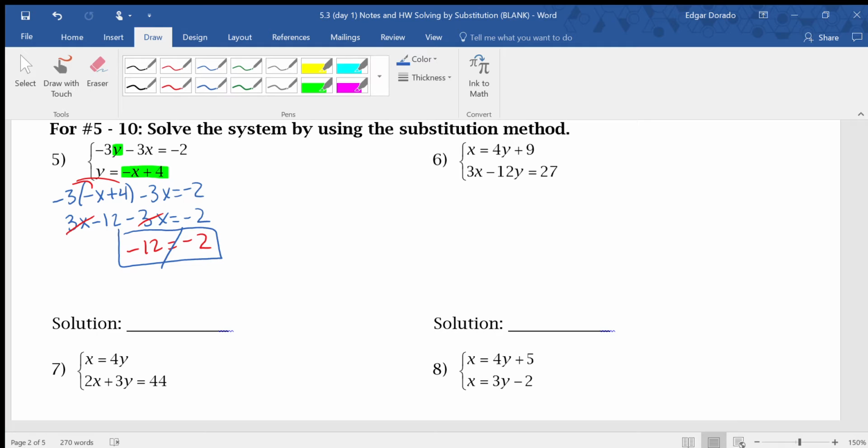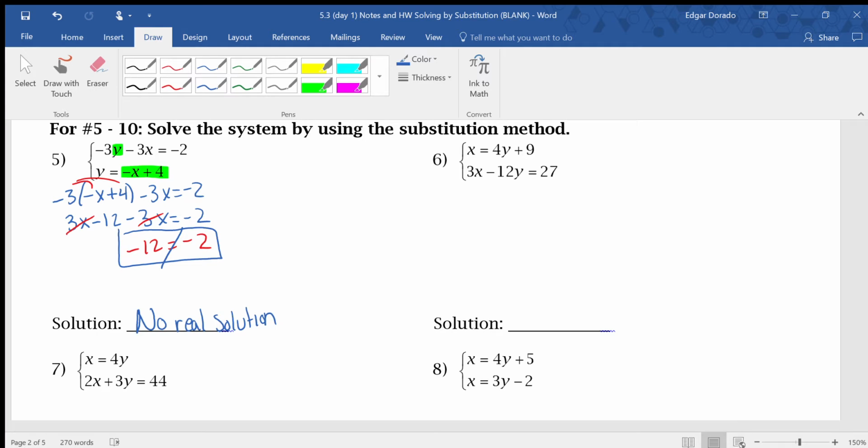So this system actually looks like it's not going to have a solution. So I would say here in solution, no real solution, or just no solution. If you think about it more graphically, and go back to when we were doing solving by graphing, this would mean that these two lines are actually parallel.